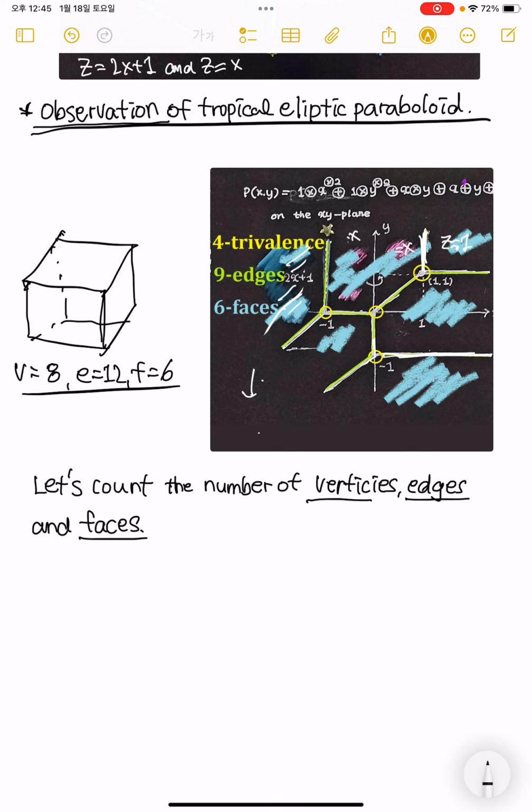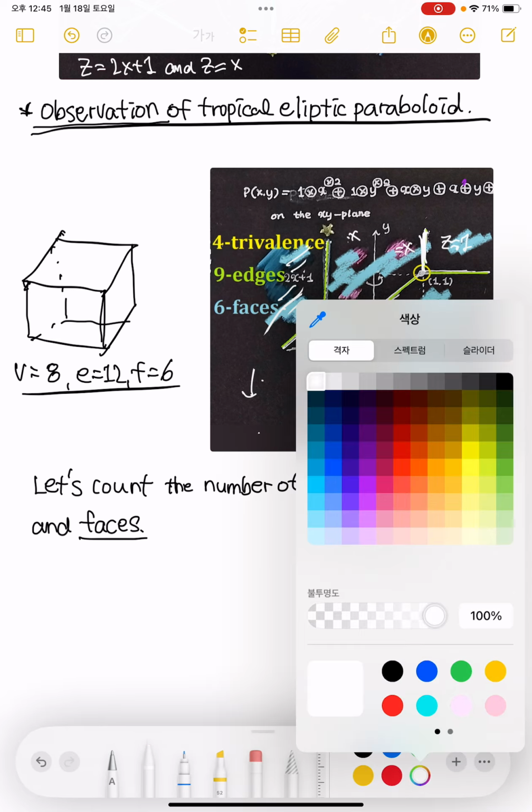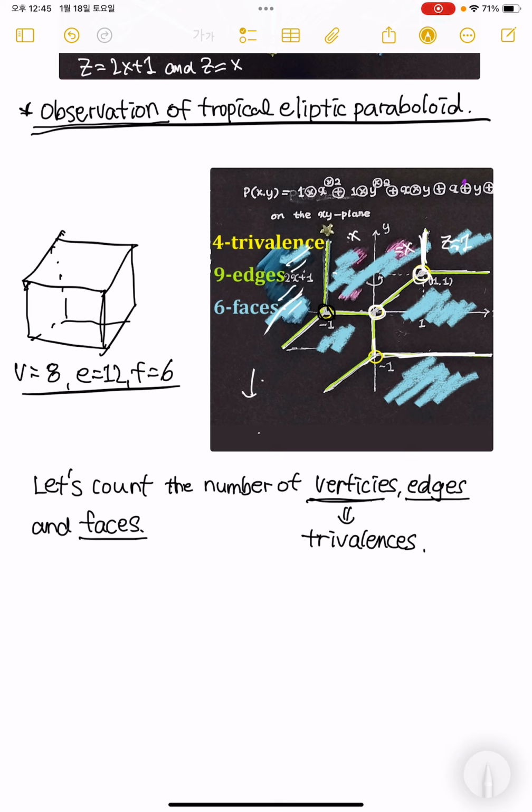But in a tropical world, instead of vertices, we use trivalents, because every vertex meets 3 edges.